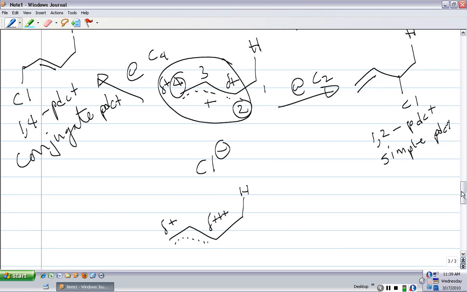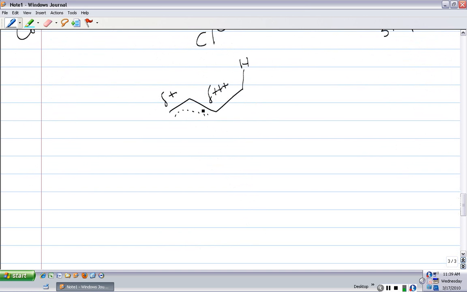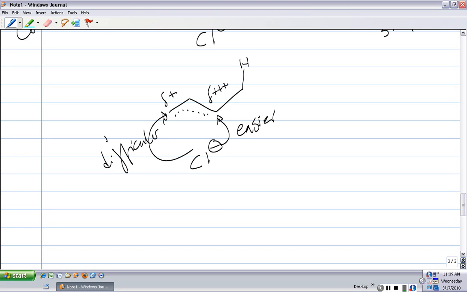The consequence of that is, if the charge in carbon 2 is greater than the charge in carbon 4, the attack by chloride on carbon number 2 is easier. This is an easier attack than the attack by chloride on carbon number 4. This is more difficult. Did I really write difficulter? Oh my God. So the attack is more difficult. Okay.